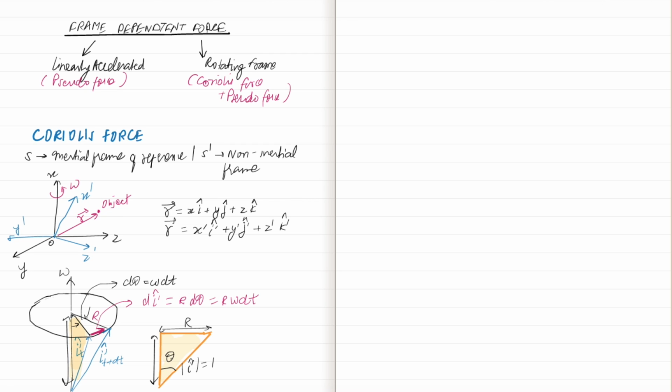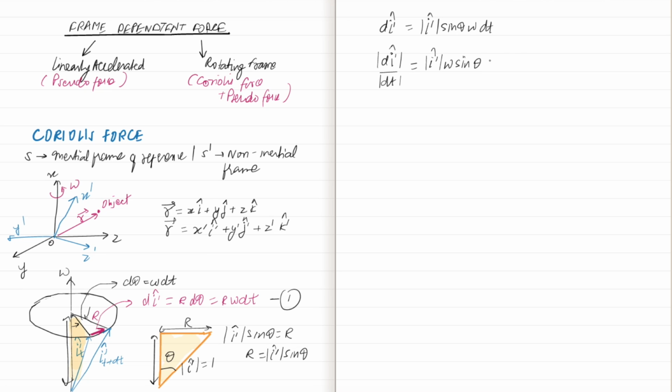So 1 sine theta is equal to r, or basically i dash cap magnitude sine theta is equal to r. Now putting this in equation 1, we will get d i dash cap is equal to i dash cap magnitude sine theta omega dt. And also note that theta is the angle between omega and i dash, so theta is nothing but the angle between i dash cap and omega vector.